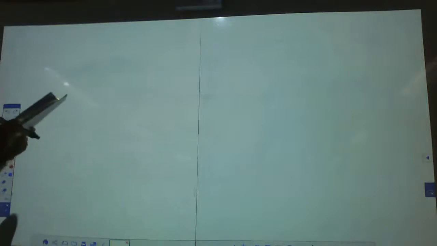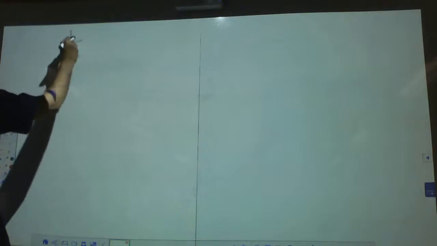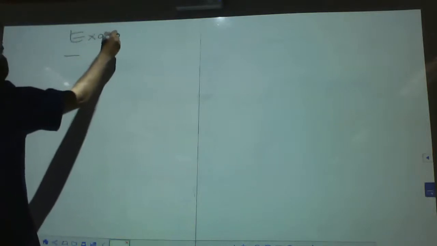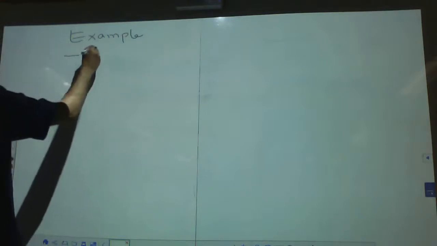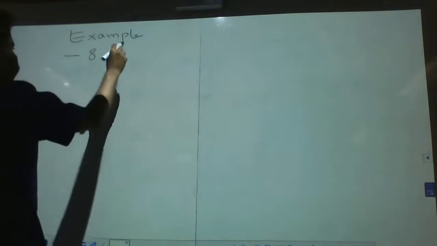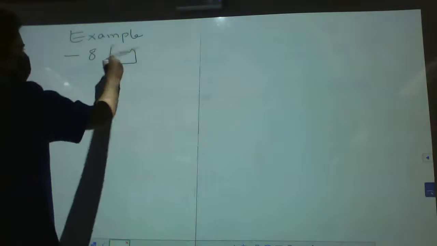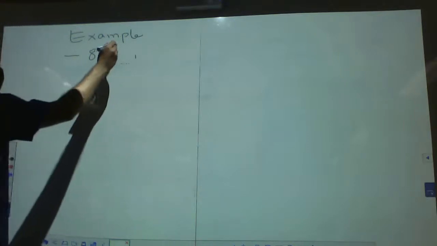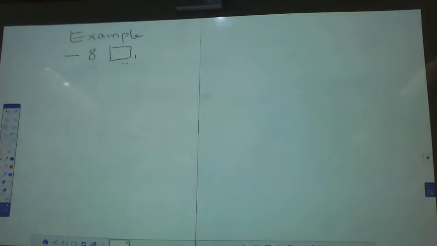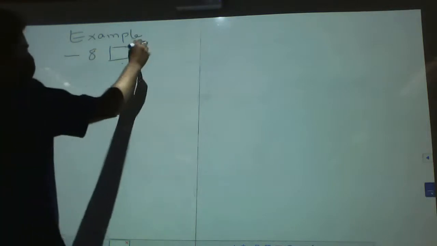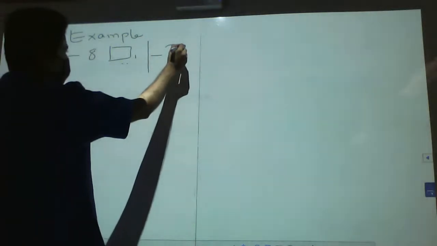Let's say if we have minus 8 and in the box we have to put less than or bigger than, right? Minus 8 and here in the box, in the absolute you have minus 38.